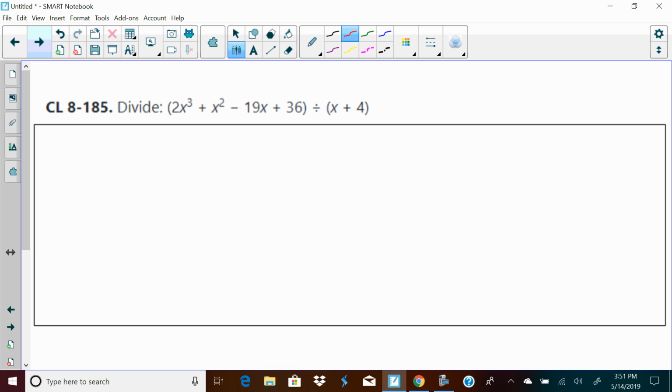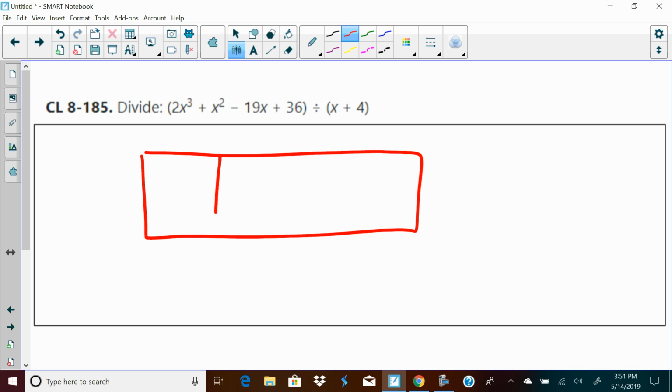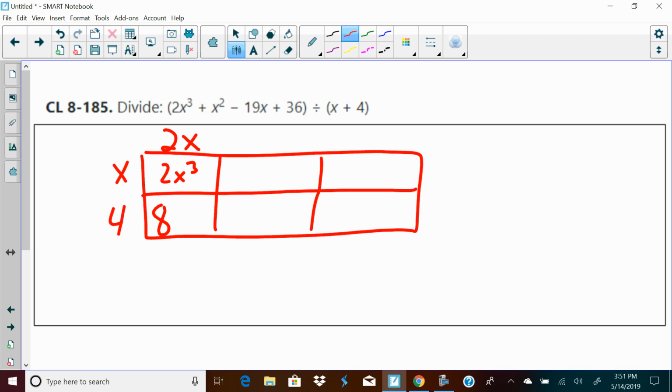Problem 8-185, divide. So I make my box. I'm going to have 3 divided by x plus 4. So I know the 2x cubed goes here. So this would be 2x squared. So this would be 8x squared. To get positive, I get a negative 7x squared.